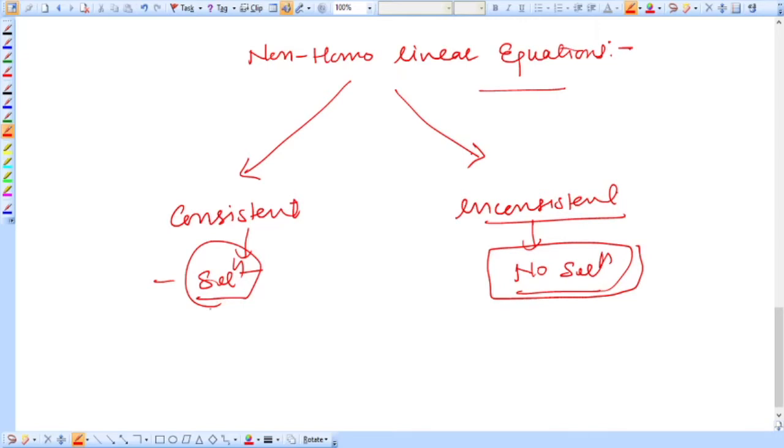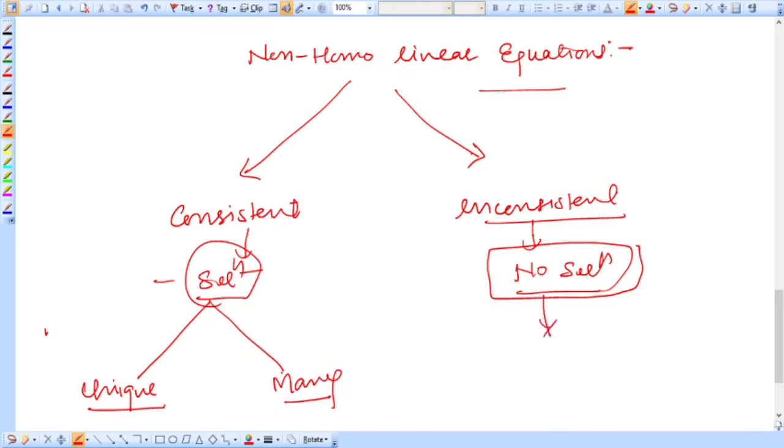Further, if a solution exists, it may be of two types. The solution may be unique, or many solutions are also possible in this case, but in case of no solution, there is no solution.